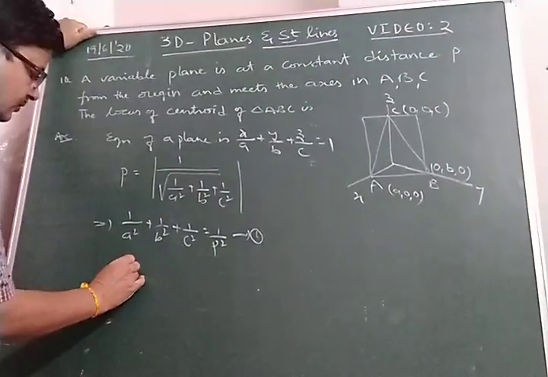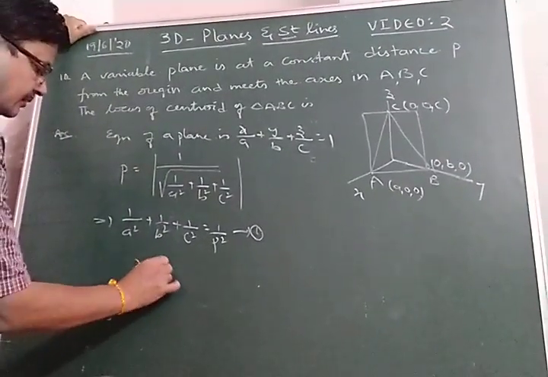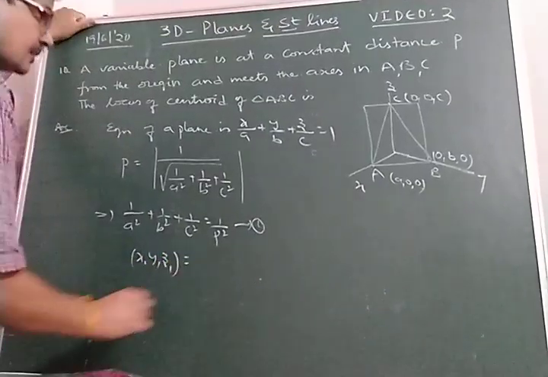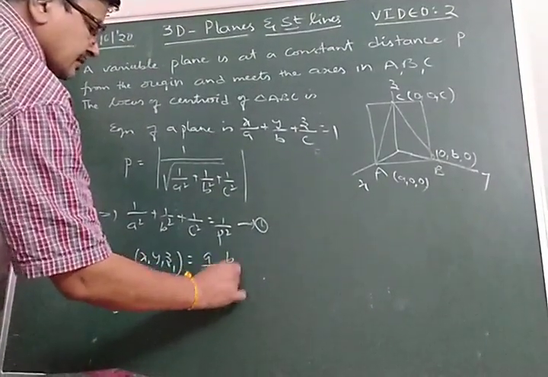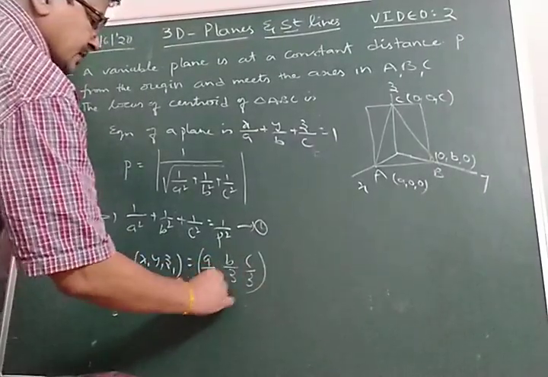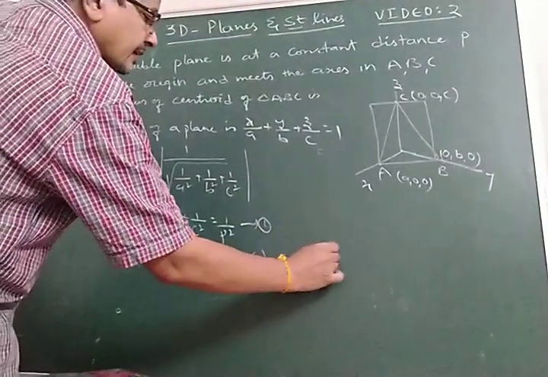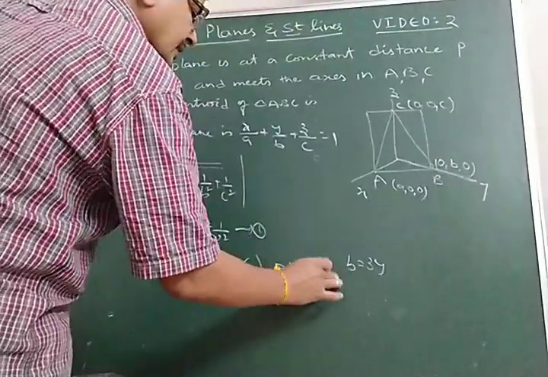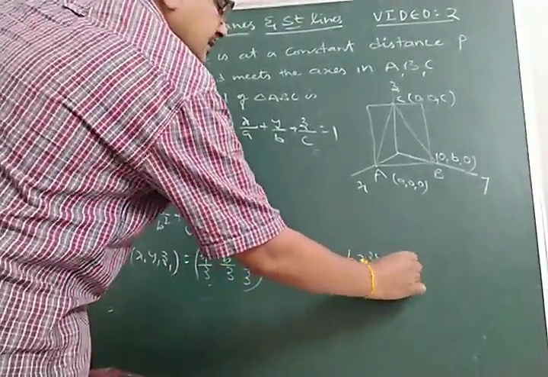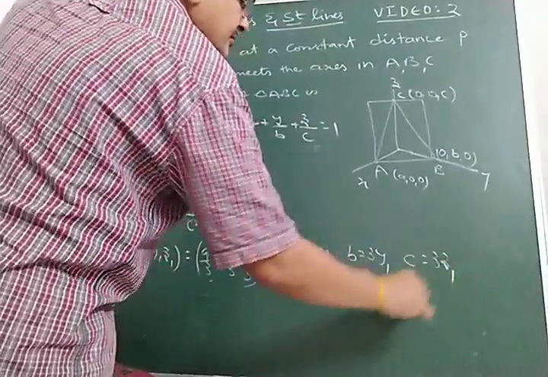The centroid of the triangle is (x1, y1, z1), that is equal to (a by 3, b by 3, c by 3). So that implies a is equal to 3x1, b is equal to 3y1, c is equal to 3z1.